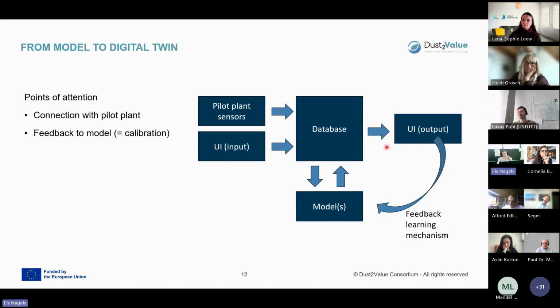And once that whole system is in place and functional, and you run this for some time, you can start thinking about feedback learning mechanisms. So you look at differences between the model and the pilot plant and start learning from that. And this is the challenge in the last year of the project, to really close this feedback loop.